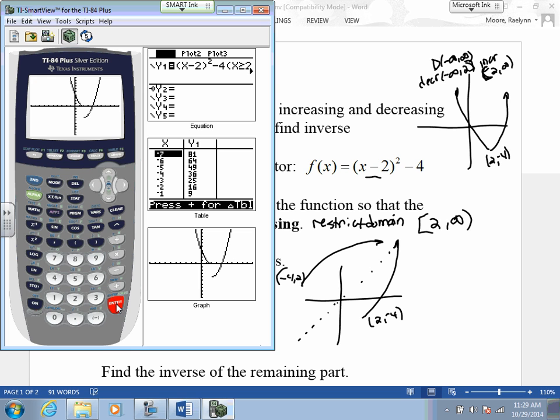If I do a draw inverse on this, number 8, and I tell it y1, it's a function, it's in my y1, it should draw me this piece right here. See this piece right along here? There's my inverse.